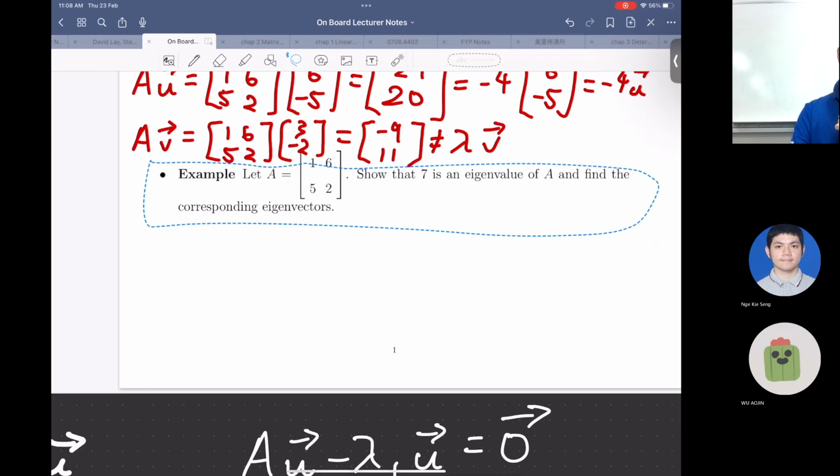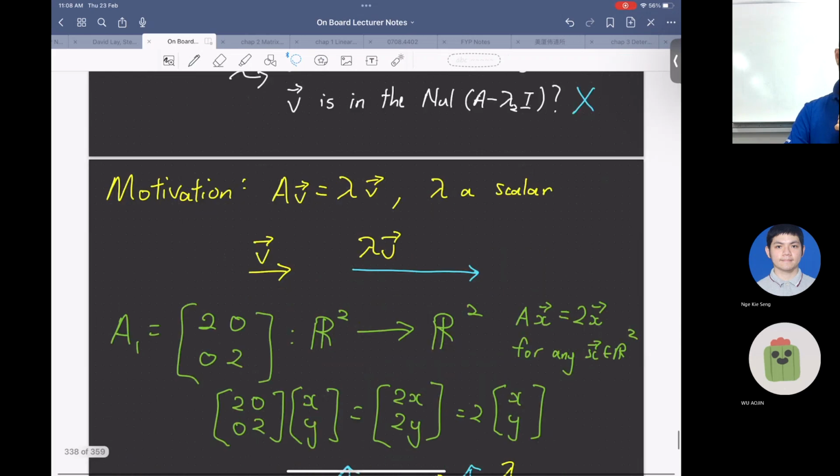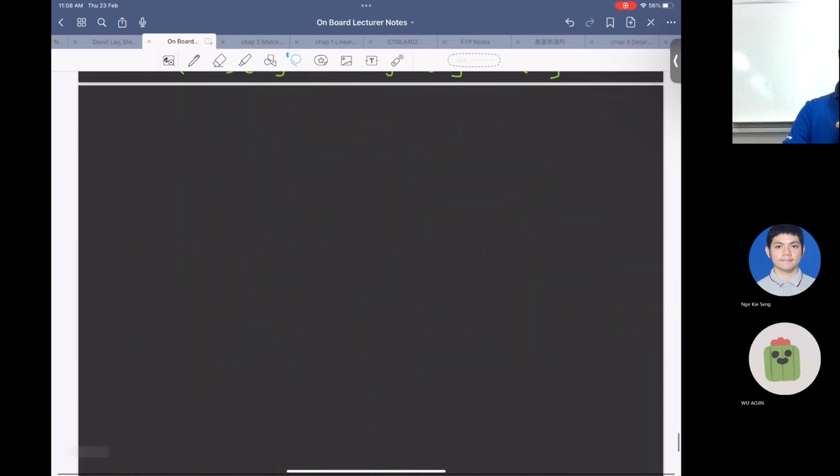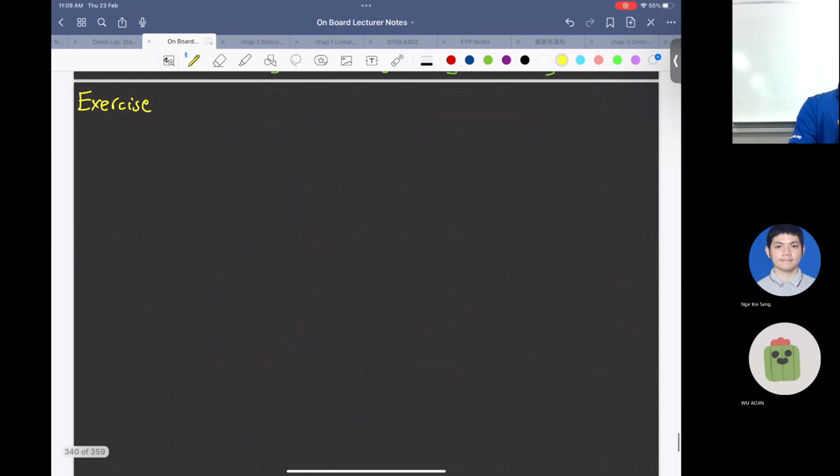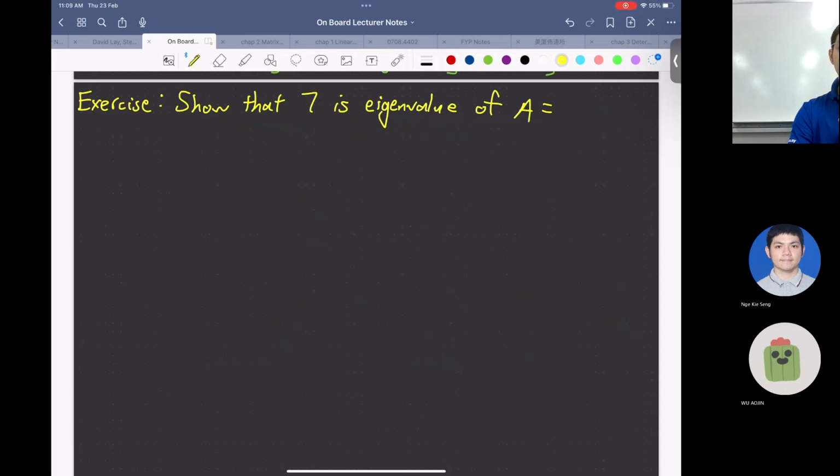Any idea? What's the definition of an eigenvalue? There exists a vector such that AX equals 7 times the vector, right?